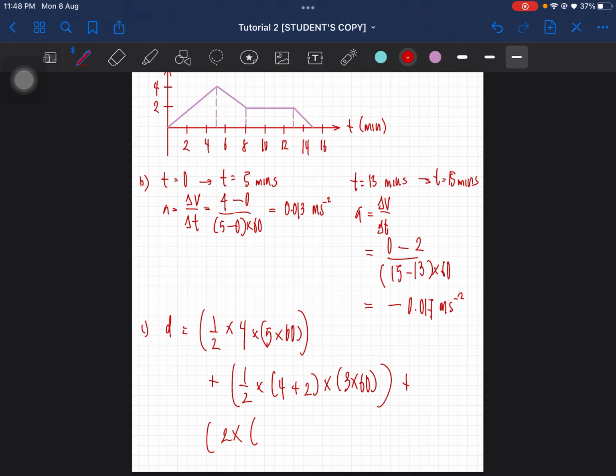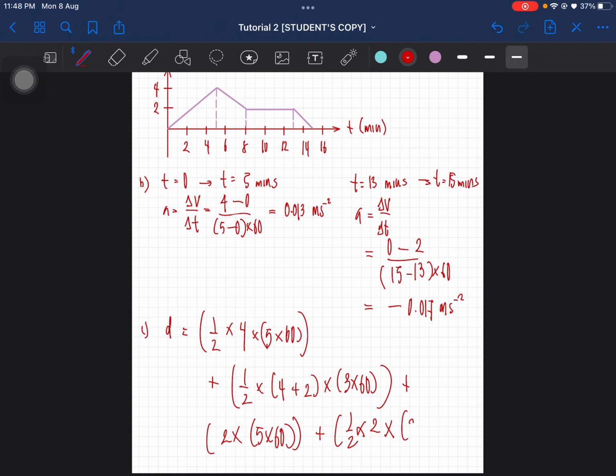Sorry, I need a calculator just to double check. Is it 5? Yes, it's 5. Okay, so 5 times 60, and then we plus the final part, which is a triangle, so half times 2 times 15 minus 13, which is 2, times 60.